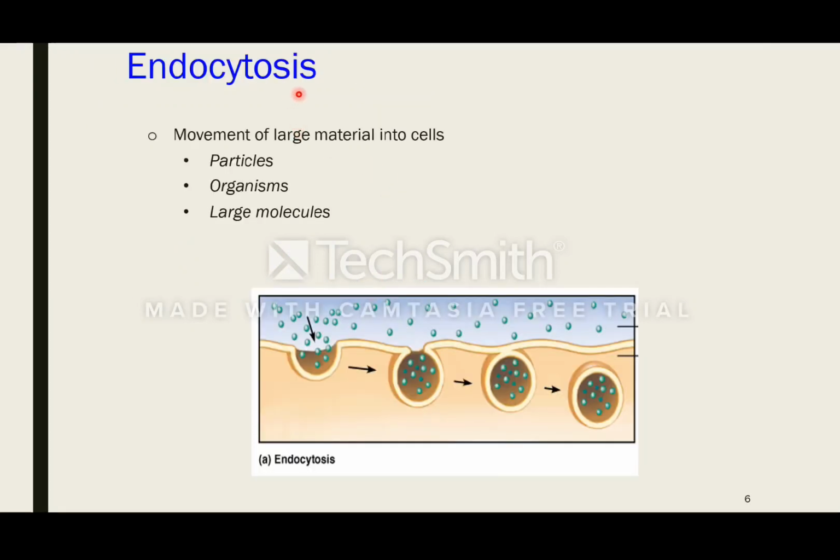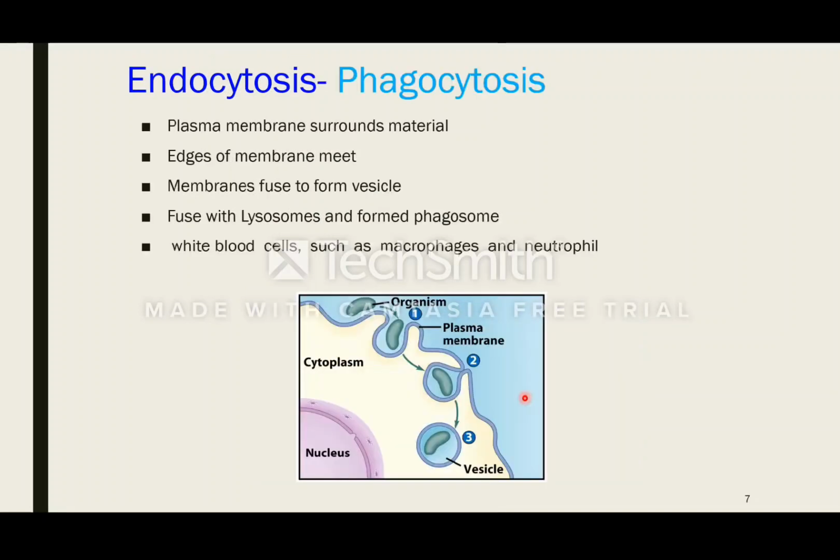Endocytosis is a process that moves large material into the cell, such as particles, organisms, and large molecules. As you see here, the large material or molecules enter the cell. When solid materials enter the cells, this type of endocytosis is named phagocytosis.